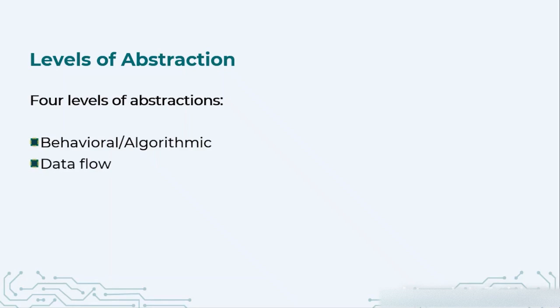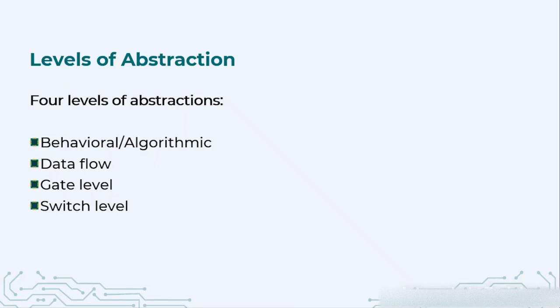Then comes the second level, which is data flow. In this type of modeling or programming, we are going to use the Boolean expressions which relate the outputs with inputs. And then we have another lower level which is at the gate level. Here we are going to write the code using logic gates: AND gate, OR gate, XOR gate, whatever gate you have studied. So we will be coding using these gates.